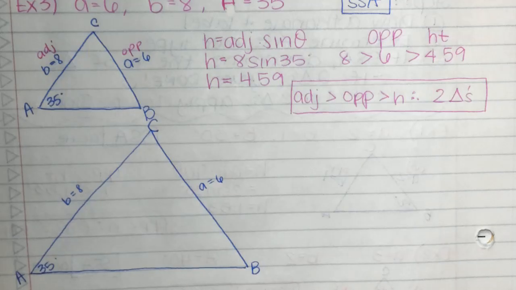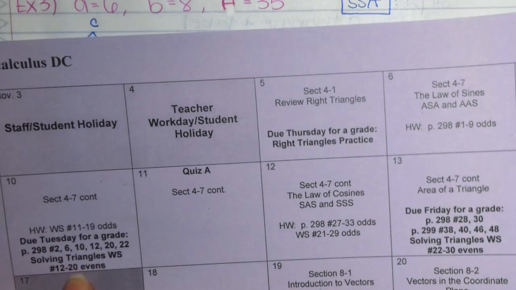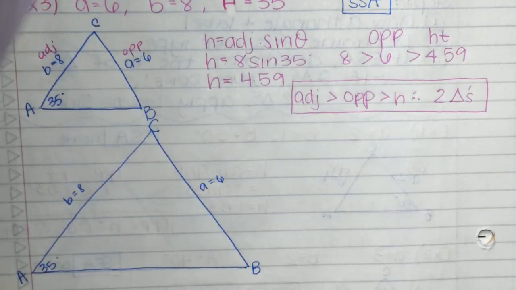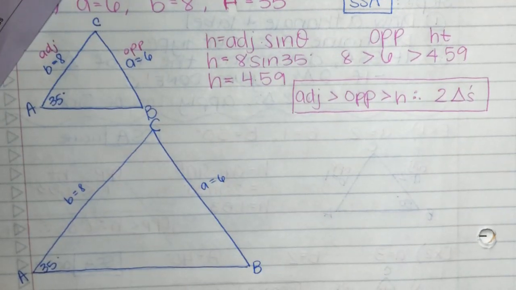What numbers does it say on your calendar that y'all are supposed to do? Due Tuesday are numbers 12 through 20 evens. 2 sides of an angle are given. Determine the number of triangles. You can do 12 through 20 evens on that solving trig worksheet already. If you want to get started, that's up to you, but that's not due till Tuesday. All right?